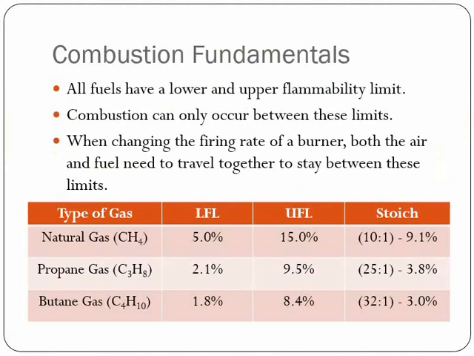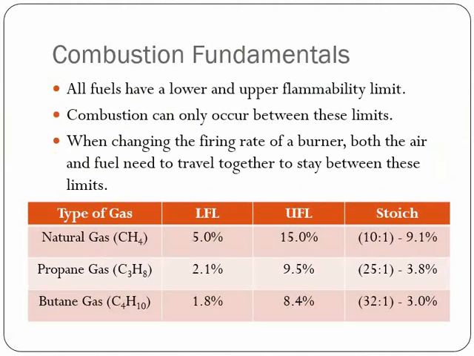So all fuels have a lower and upper flammability limit. So when we look at mixing air and running burners rich or lean, you still have to be within your lower and upper flammability limit. Otherwise, you will not be getting combustion, even with the ignition source. So combustion can only occur between the lower and upper flammability limit.